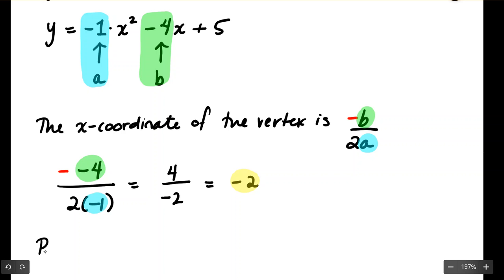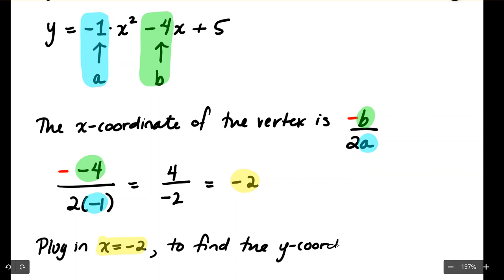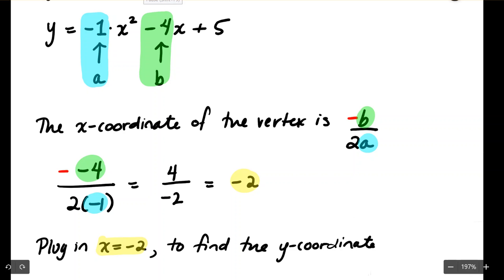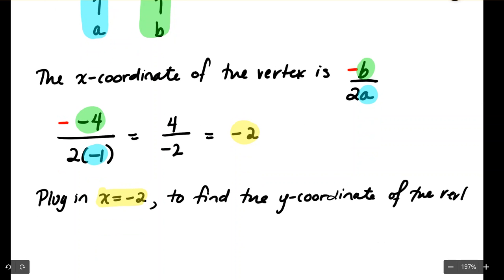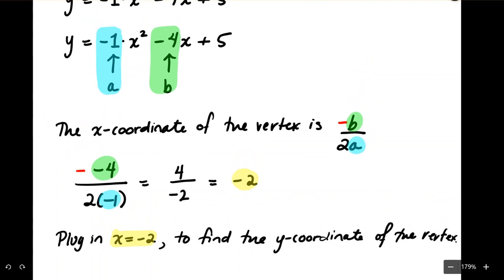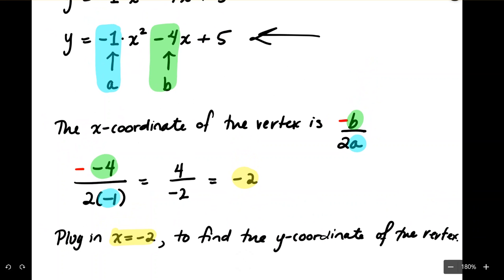So we're going to plug in x equals minus 2 now to find the y coordinate of the vertex. My equation is right there. I'm just going to rewrite it, plug in a minus 2 for x, and solve for y.